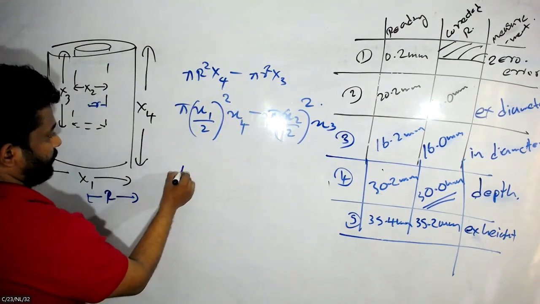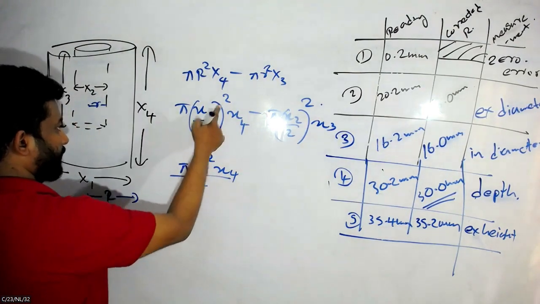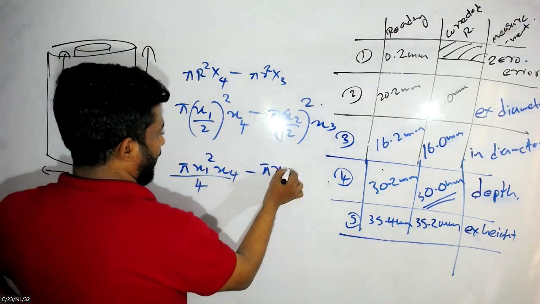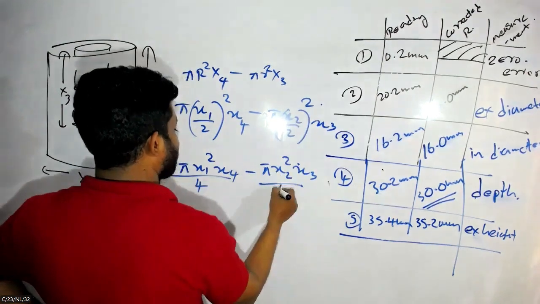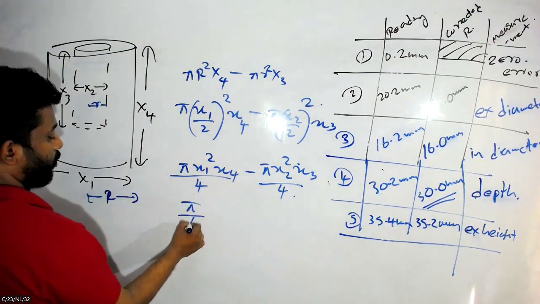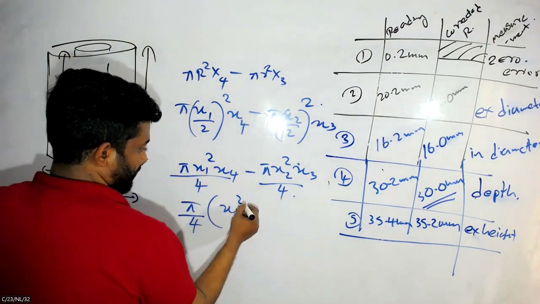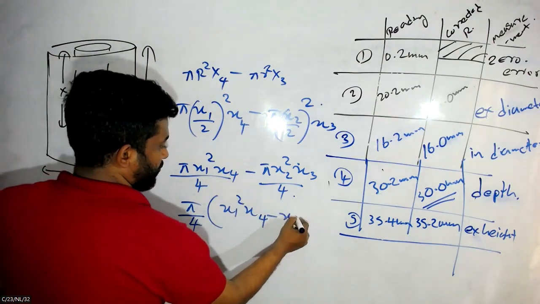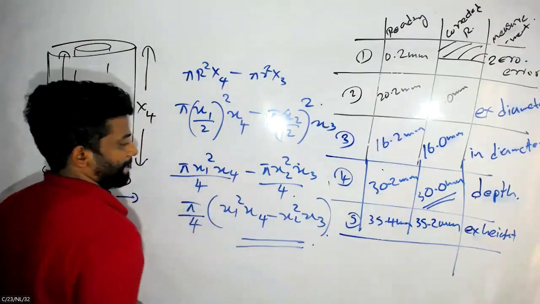Then pi x1 squared x4 over 4, minus pi x2 squared x3, the squared gives 4. Then you can factorize pi over 4 common: pi over 4 times x1 squared x4 minus x2 squared x3. This one is the answer.